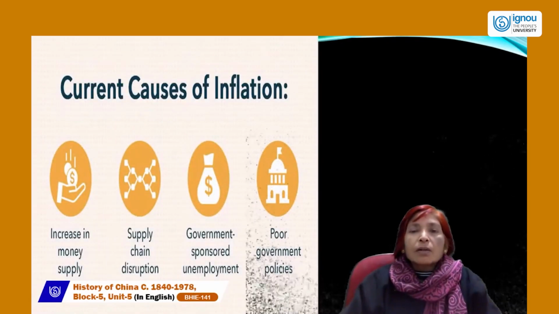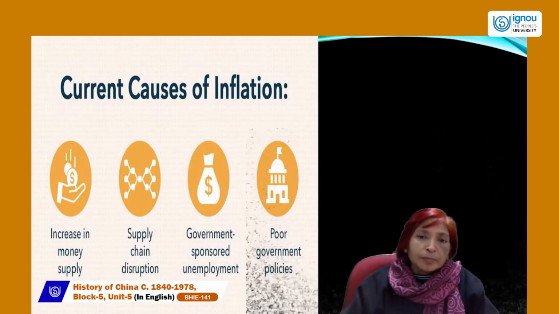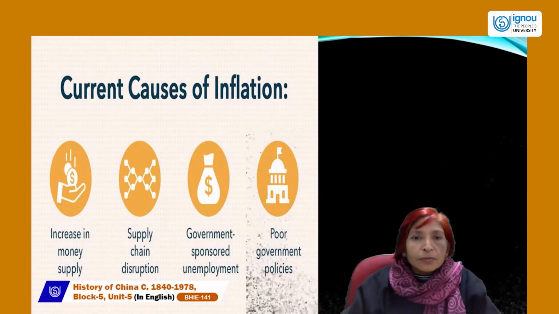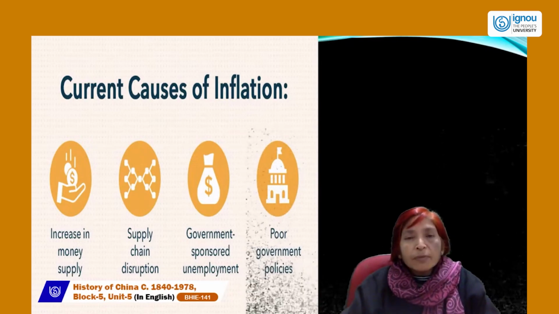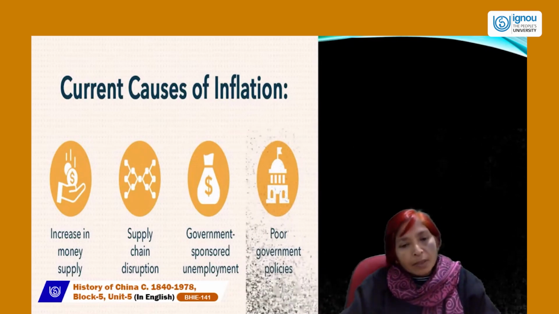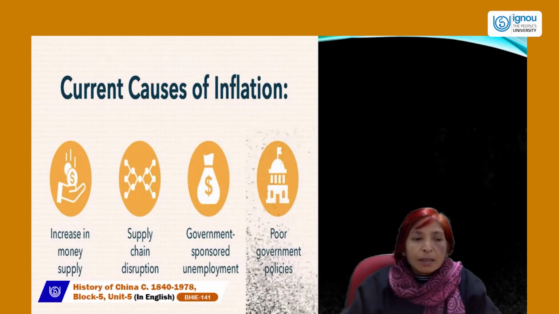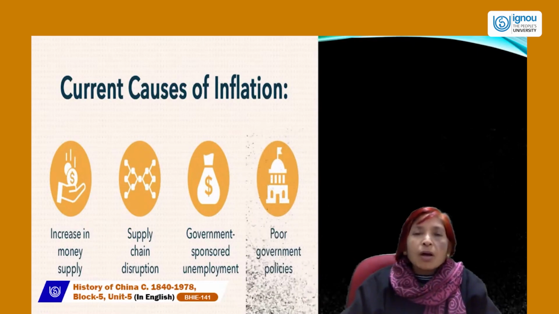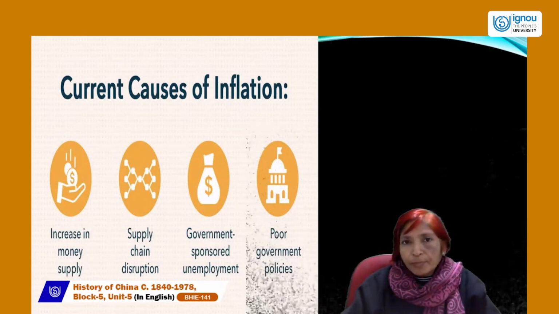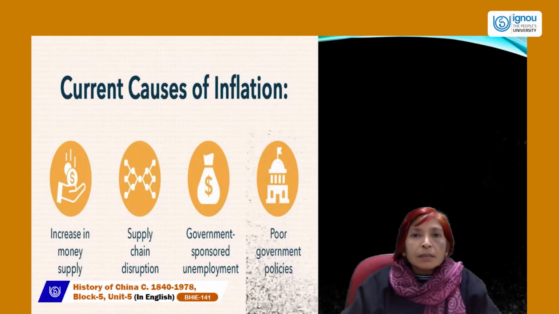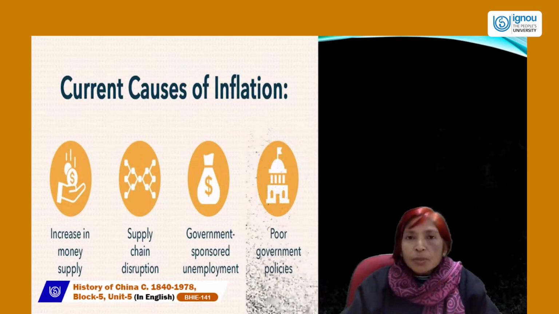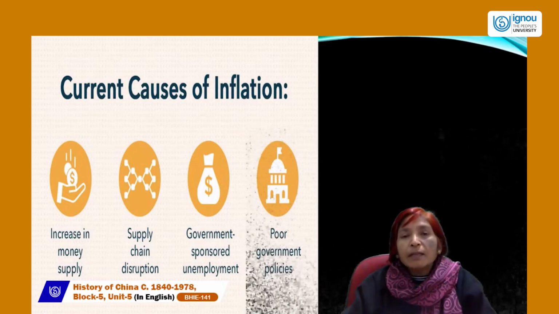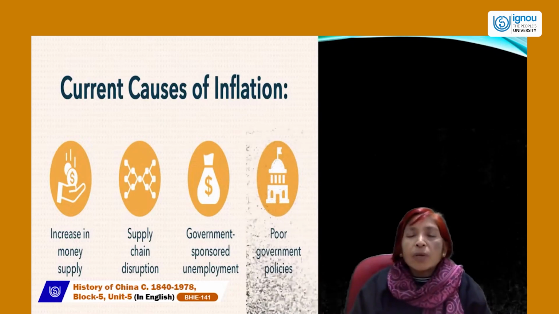Now, what are the causes of inflation? There are different causes which are responsible for rise in price level. Number one is increase in money supply. You know that government makes a budget, and a budget is a statement which shows government expected expenditures and expected revenues in an accounting year.